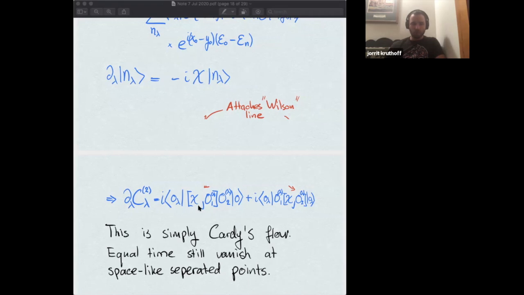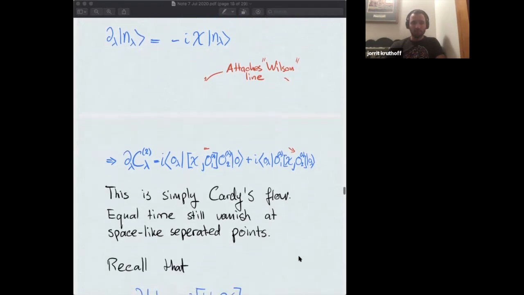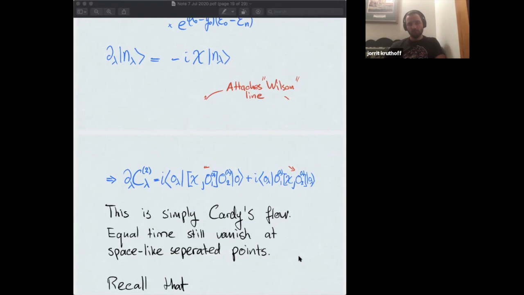And at equal time, these correlators will still vanish at space-like separated points, so the algebra is still preserved.